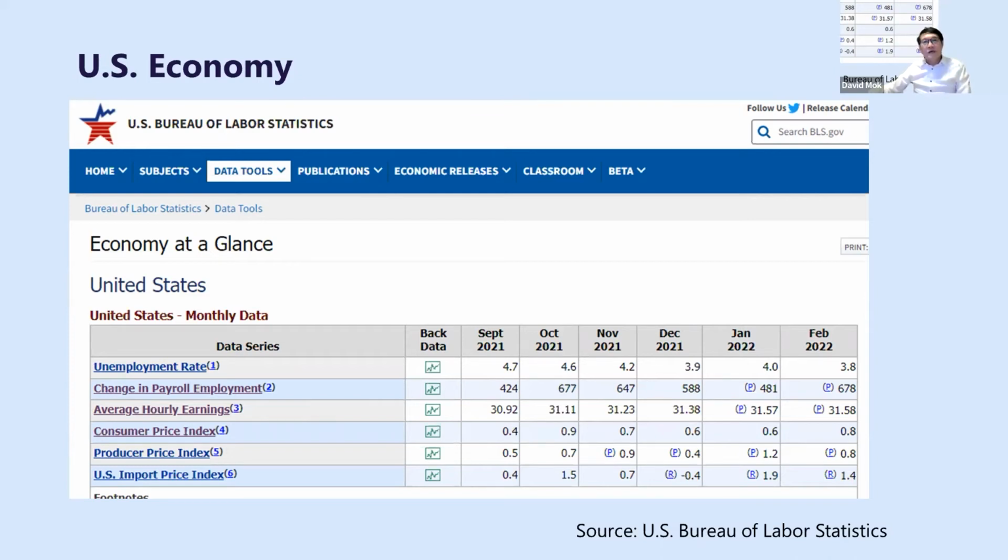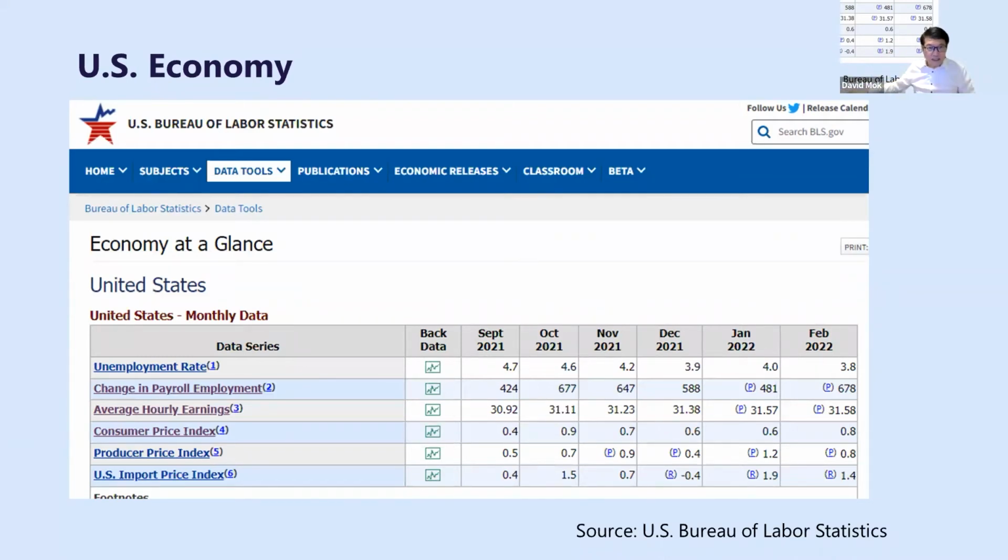Probably in another 10 years' time, China catches up. The US may not be that dominant then, but today they're still the dominant economy of the world, and therefore we need to pay attention to what's going on there because it percolates down to Asia.